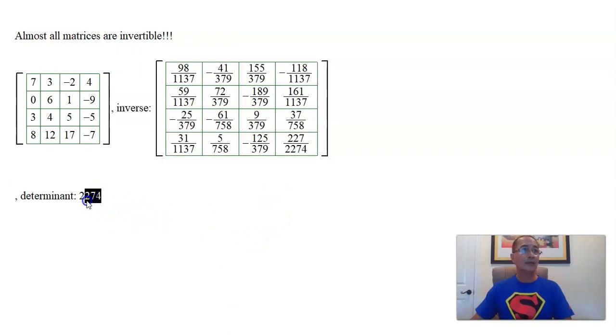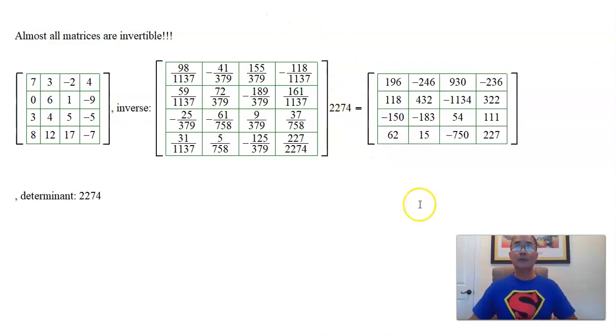Yeah, and check it out. 2274 does appear in one of the entries of this matrix. Okay, so obviously if you multiply, now what about these other denominators? Are they divisible, or are they factors rather of 2274? Let's find out. If you multiply that whole thing by 2274, you get all integers.